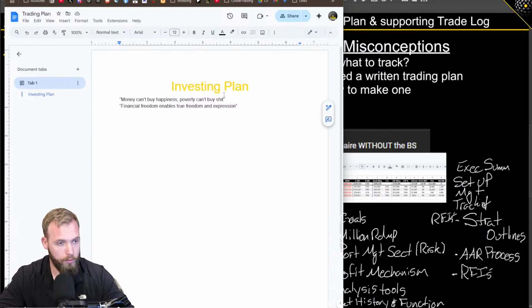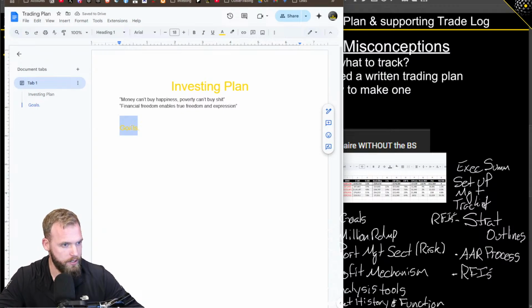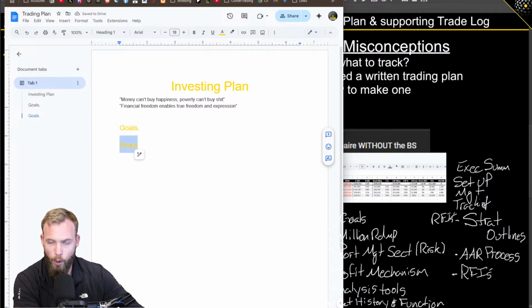So now you literally have the first section of your trading plan. Now let's get some headings in here for these other sections. We need goals. And the reason why typing is hard is because the keyboard's off to the side here. Millionaire roadmap can go in here.